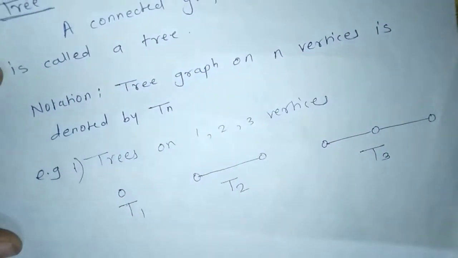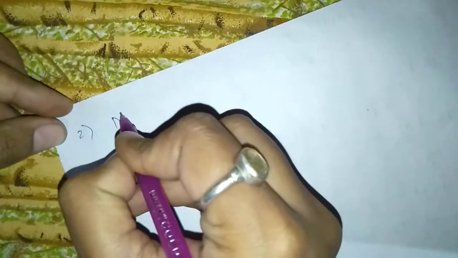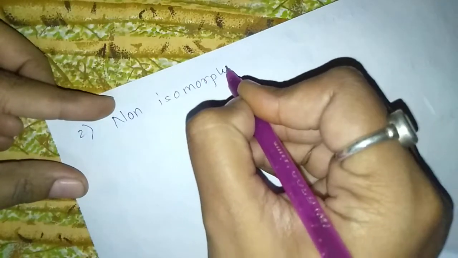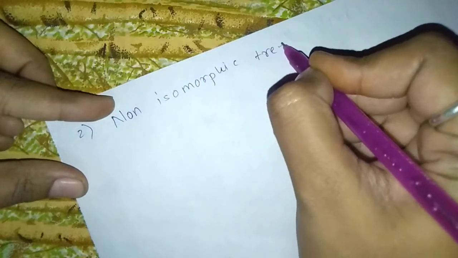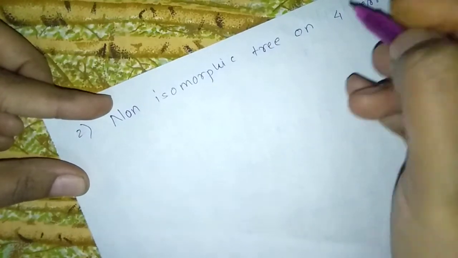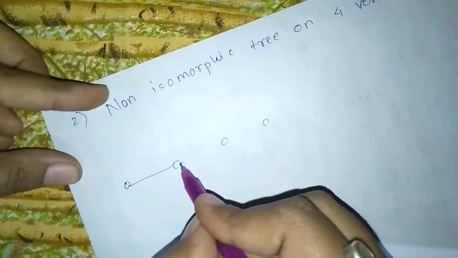Now next example, non-isomorphic trees on 4 vertices. First put 4 vertices, join.